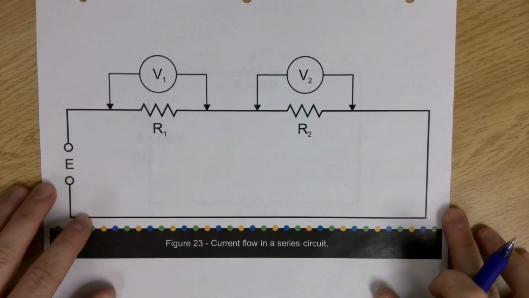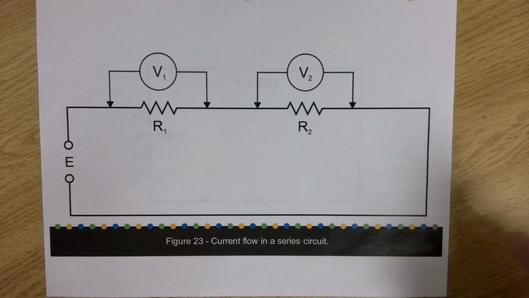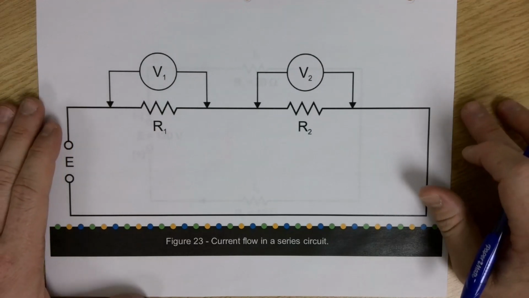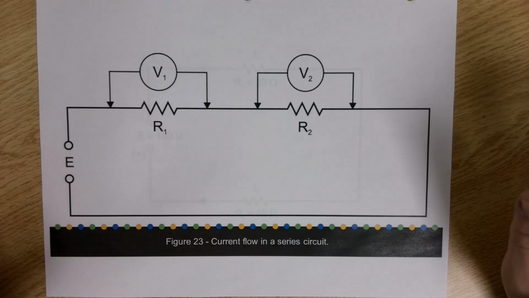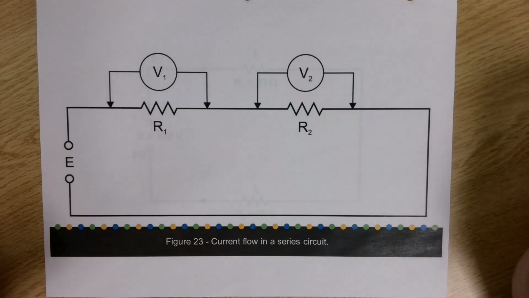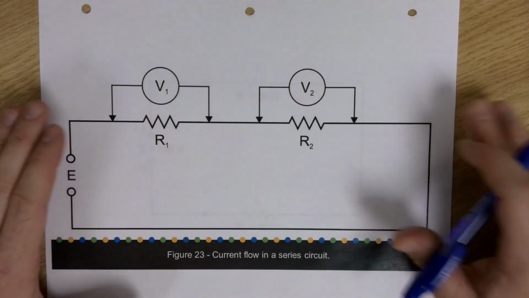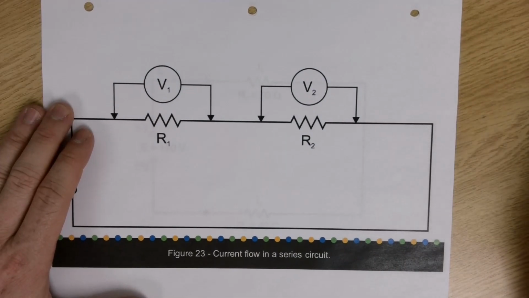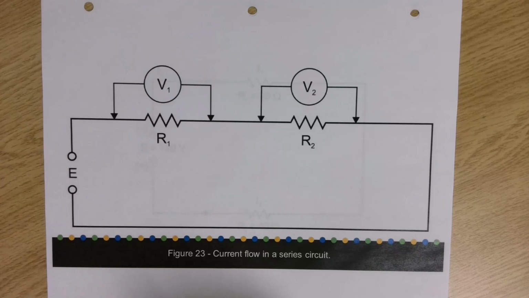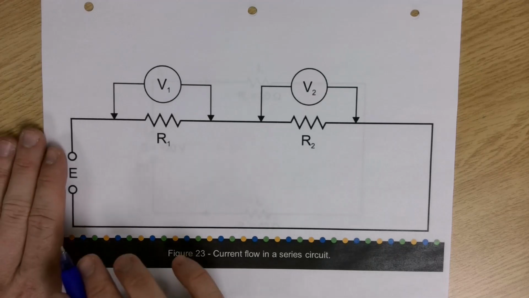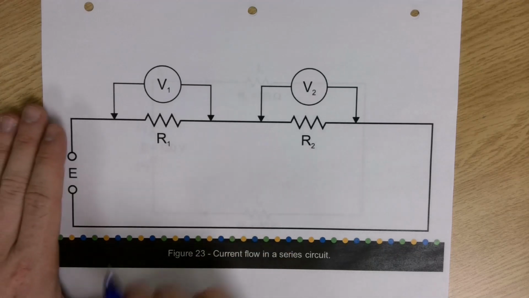So now let's talk about what's called the voltage divider rule. It's essentially playing with ratios, but just once again, I'm going to go over some of our rules of a series circuit, and then we're going to see why this voltage divider rule works.